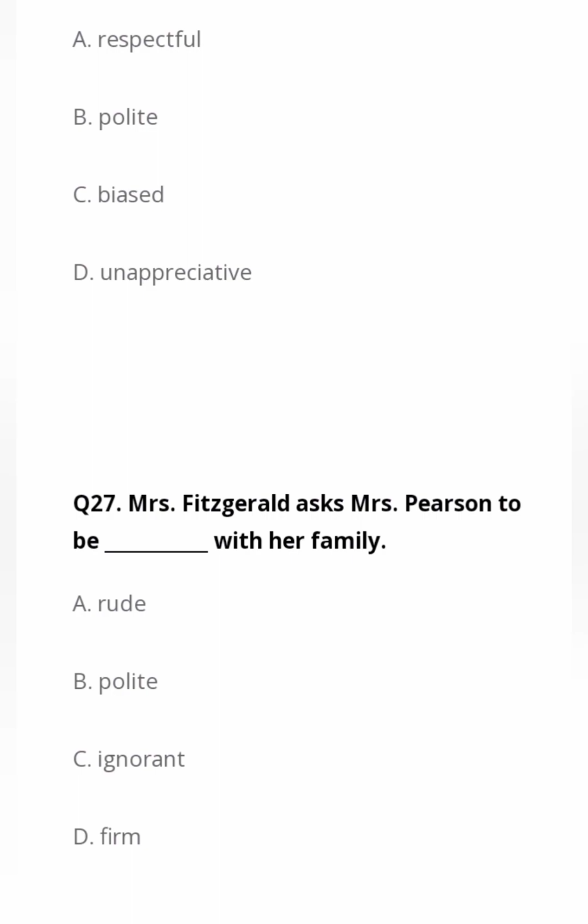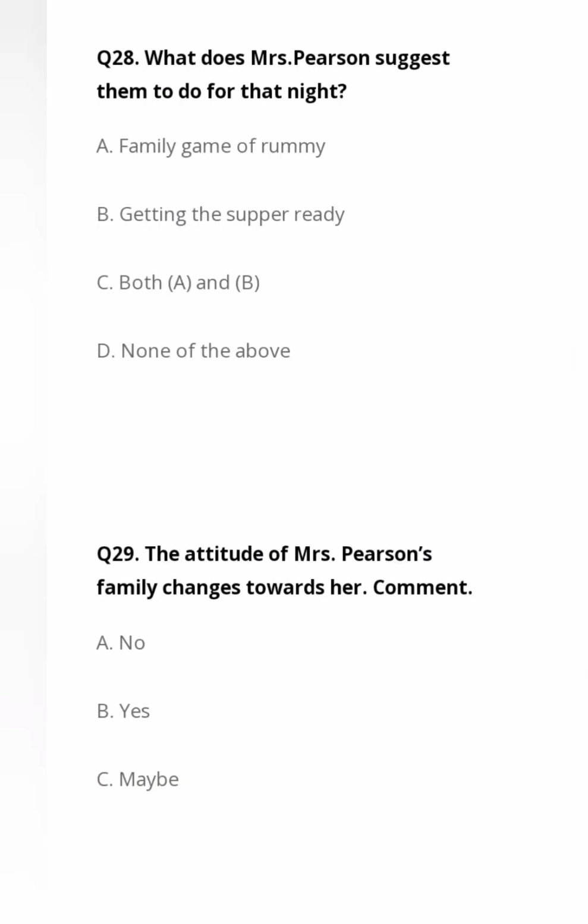That is option D, firm. Okay. And then let us see question number 28. What does Mrs. Pearson suggest them to do for that night? That is option C, both A and B. Family game of rummy and getting the supper ready.